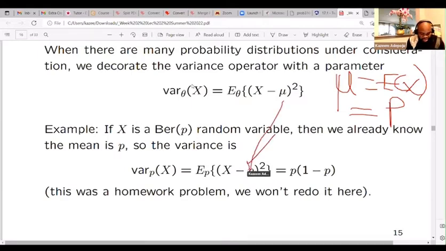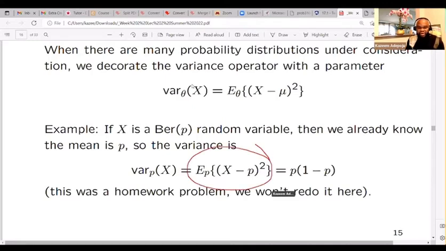And we basically are going to have this here. Now you can be asked to prove how we obtain the expectation of (x minus p) squared to be equal to that. I'm going to show you now.